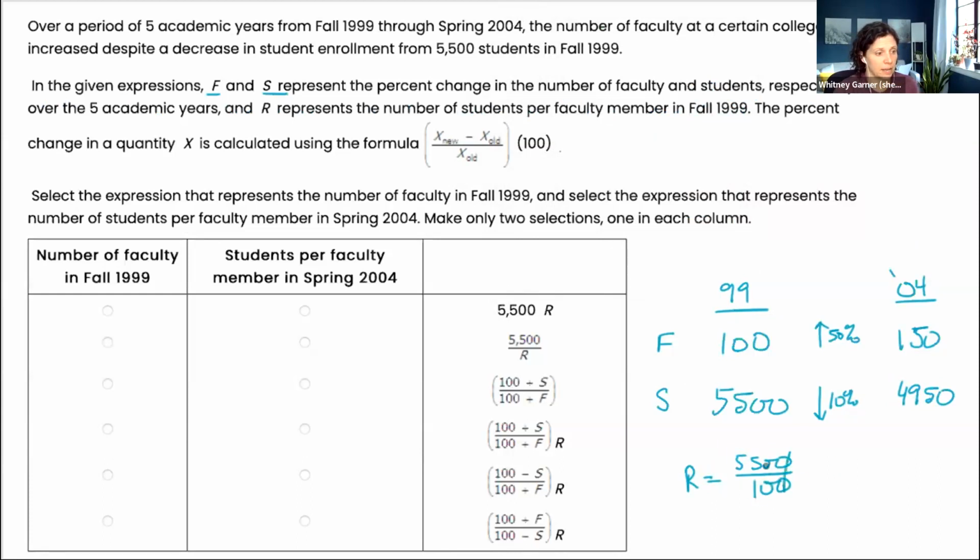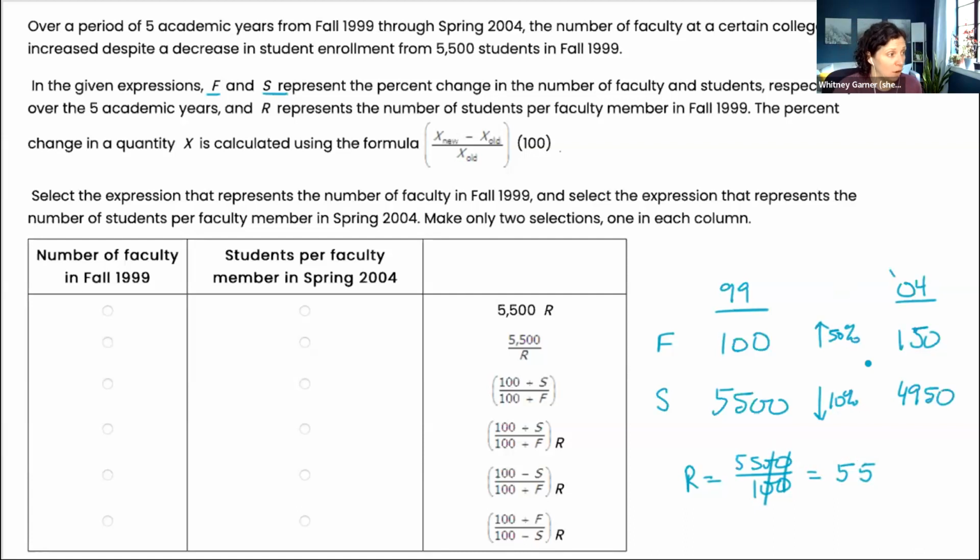And so we'll kill these. So in this story, R is 55, F is 50, S is 10, in actual percents. The number, percent change, without a decimal. So 10%.